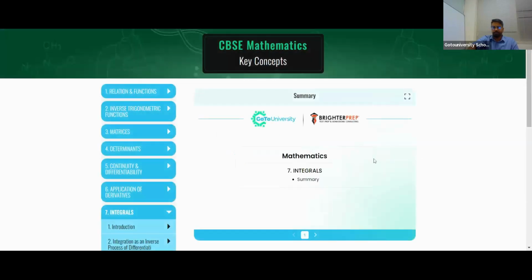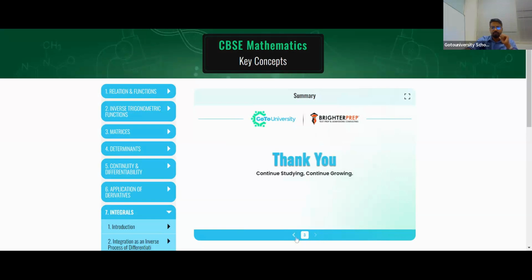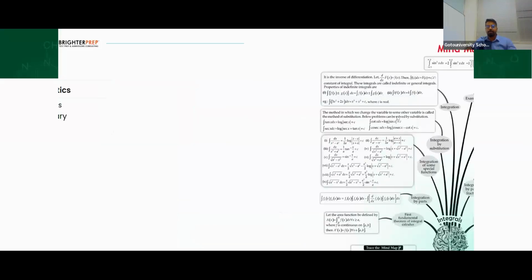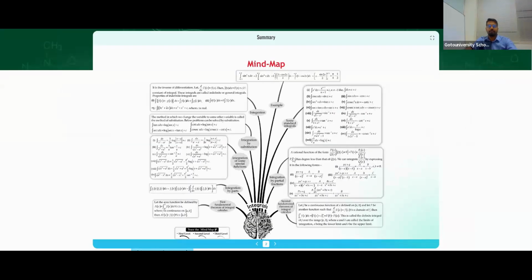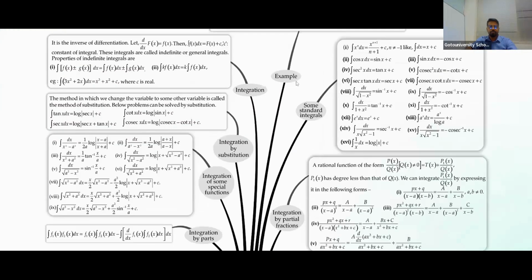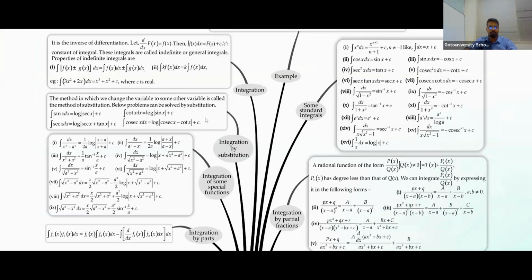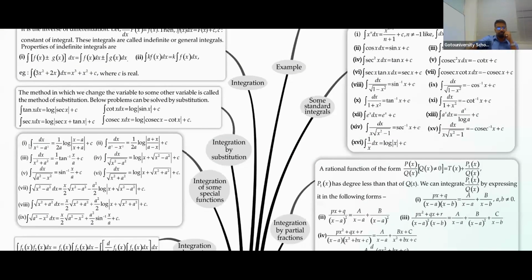Now let's come to the summary of the entire chapter. What did we learn? I'll show you the mind map of this. We did integration as an antiderivative, and we understood how to solve them and all the types of functions. This is what we started today.